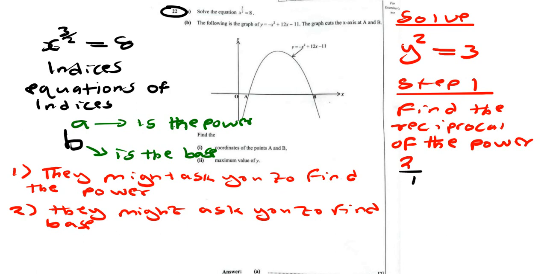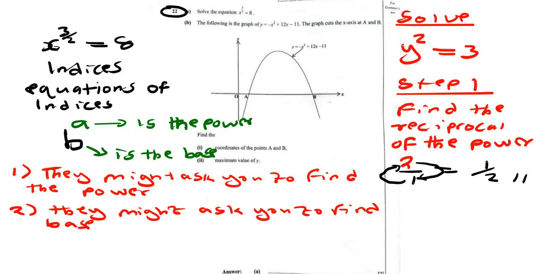Then the reciprocal of this is where you interchange, so the denominator becomes the numerator and the numerator becomes the denominator, meaning it's going to be 1 over 2. So 1 over 2 is basically the reciprocal of 2. That's what I want you to understand.